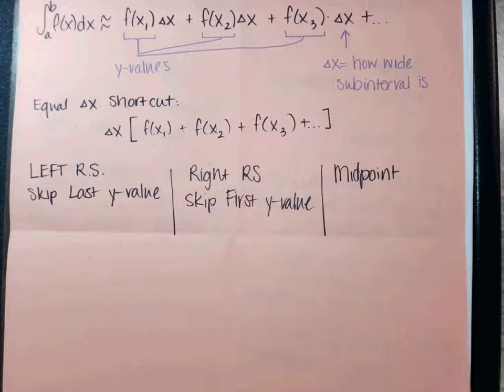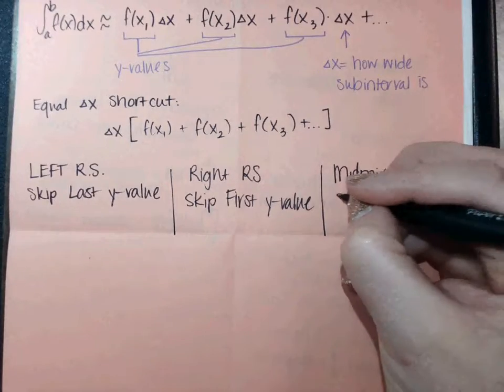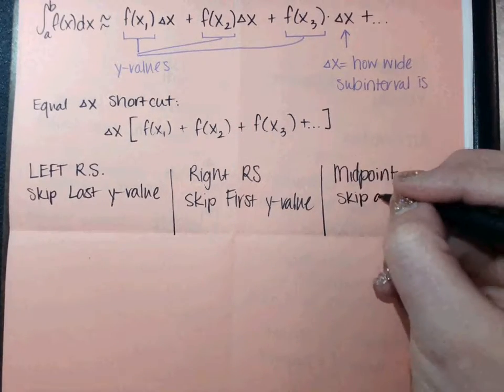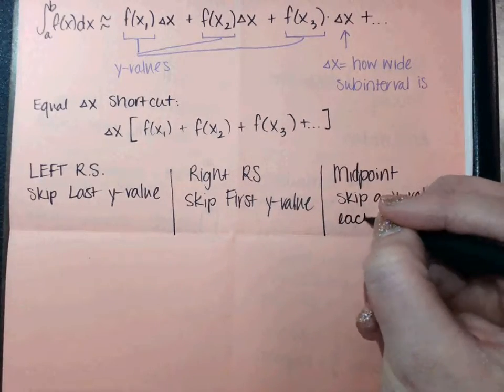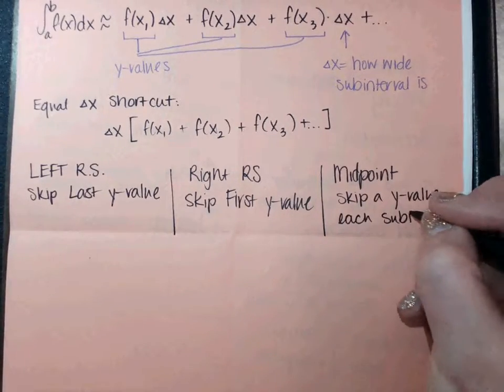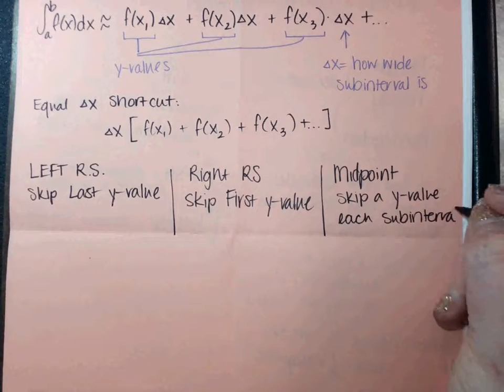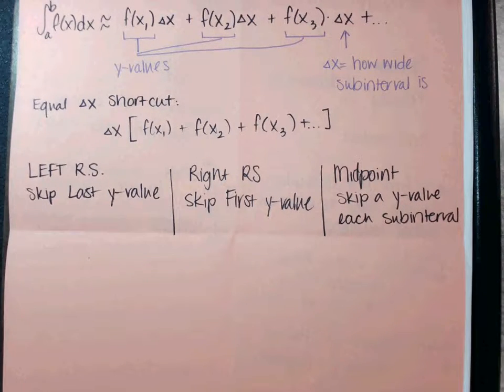Do you remember you have to skip one so that you're leaving a y value in the middle? So you're going to have to skip a y value each subinterval. And we will do examples of these just to remind you, but just for you to have the shorthand on here.